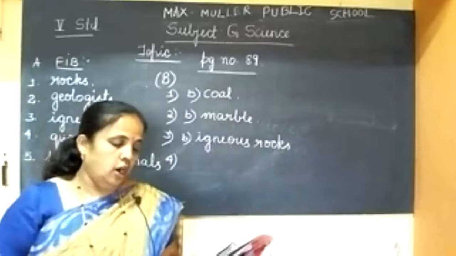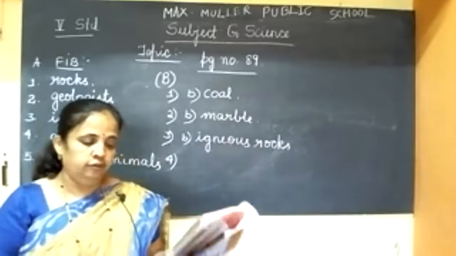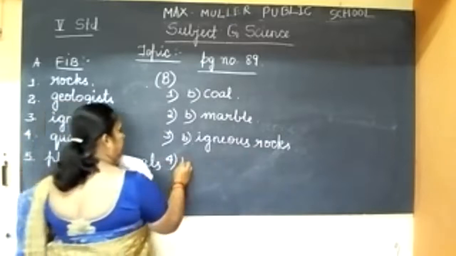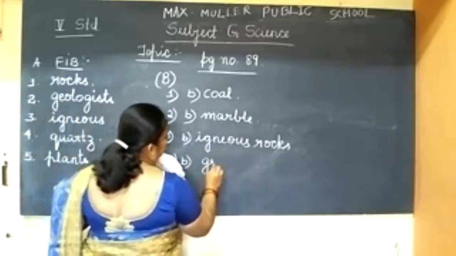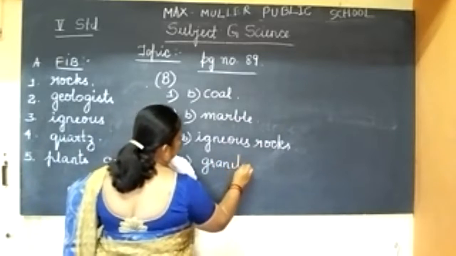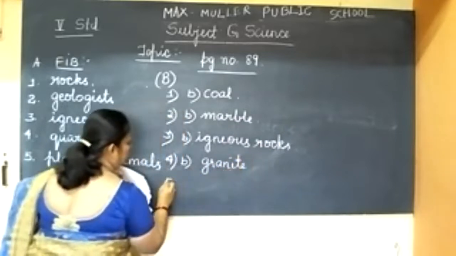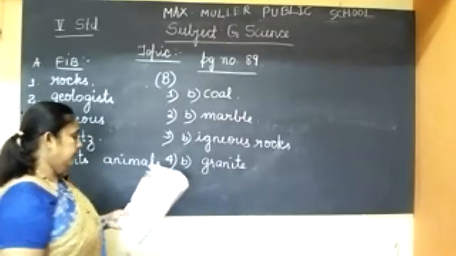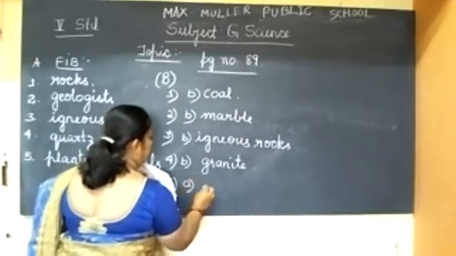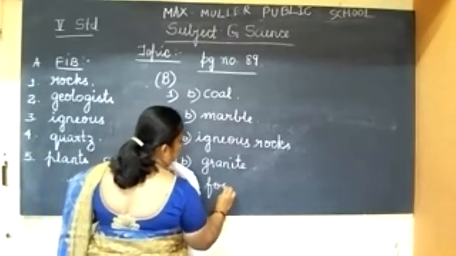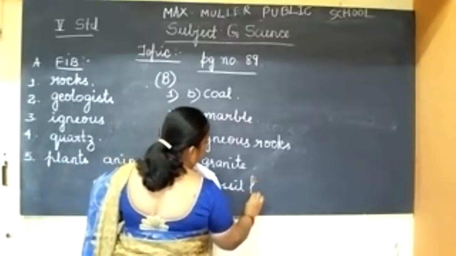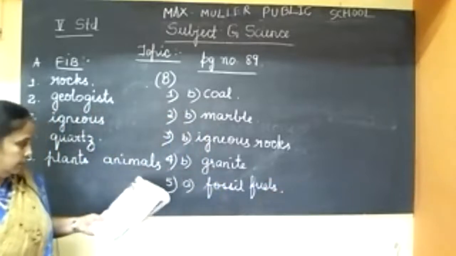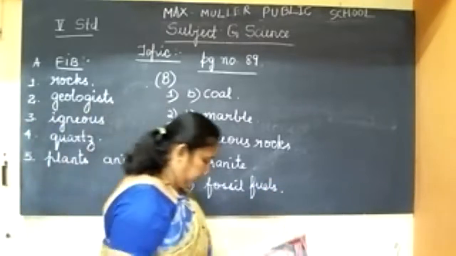Next, the rock that mainly comprises quartz, mica and feldspar is, again B, granite. Fifth, coal and petroleum are called, it is A, fossil fuels. Fossil fuels. Completed? Okay, we'll move to the next main.